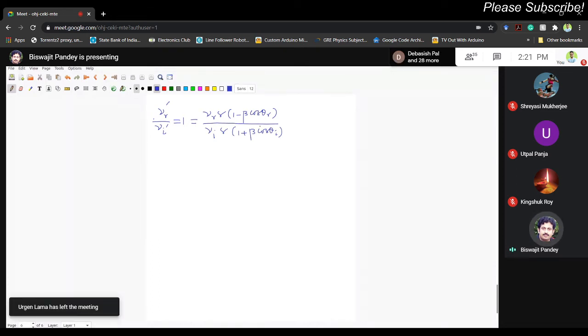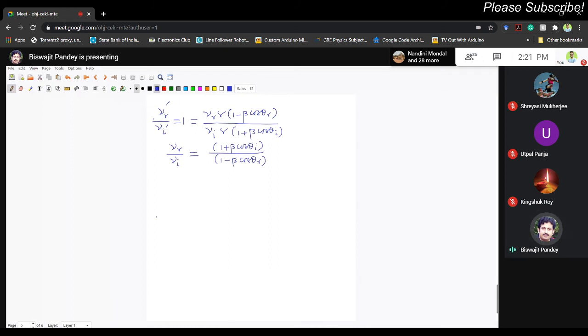For the incident wave, the frequency was nu I prime; for the reflected one, it was nu r prime. And in the mirror frame, they are equal, so the ratio is bound to be 1. Gamma will get cancelled, and you can straight away write nu r by nu I equal to (1 plus beta cos theta I) divided by (1 minus beta cos theta r), right?